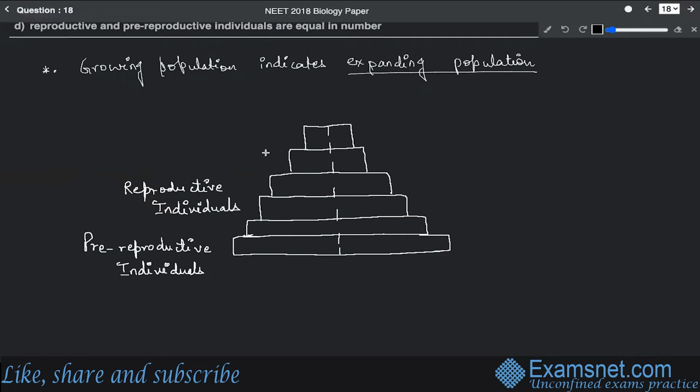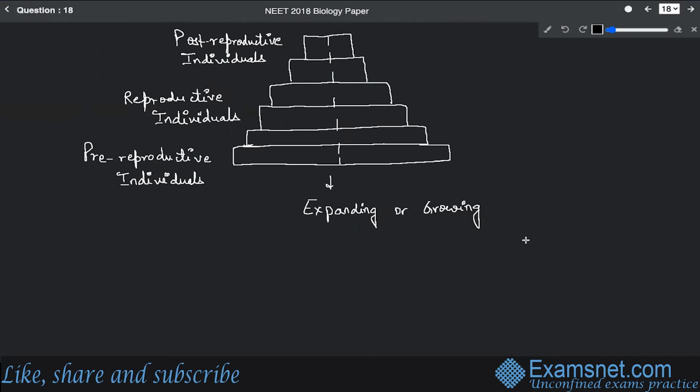And of course, this one will be representing the post-reproductive individuals. All right, so this is how the growing population looks like. So this is an expanding or growing population.